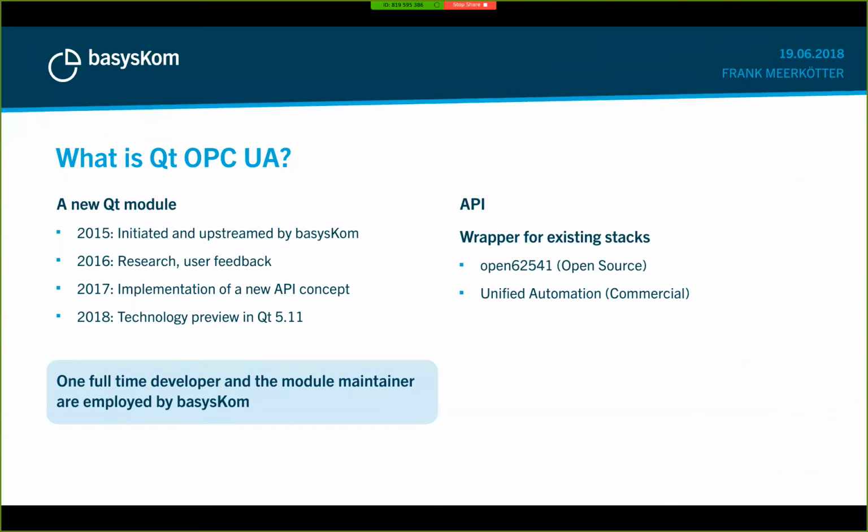And there is the Unified Automation backend, which has been implemented by the Qt company, which is covering the commercial side. Unified Automation is a well-established OPC UA stack, and we're also offering a backend for this stack. So this is very high level.